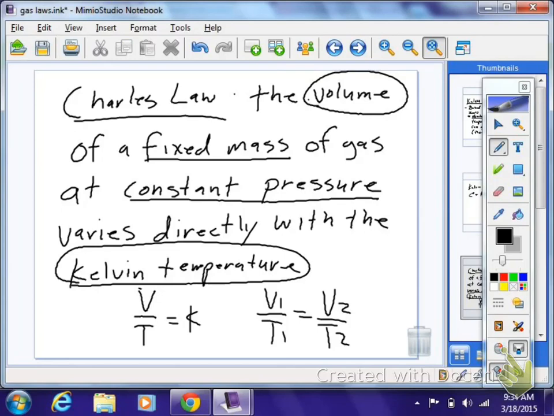So those two things are going to change. And when they change in the same direction, which means if you double the temperature, volume doubles. If you cut the temperature to 1/2, the volume will be cut to 1/2. So it's a direct relationship.